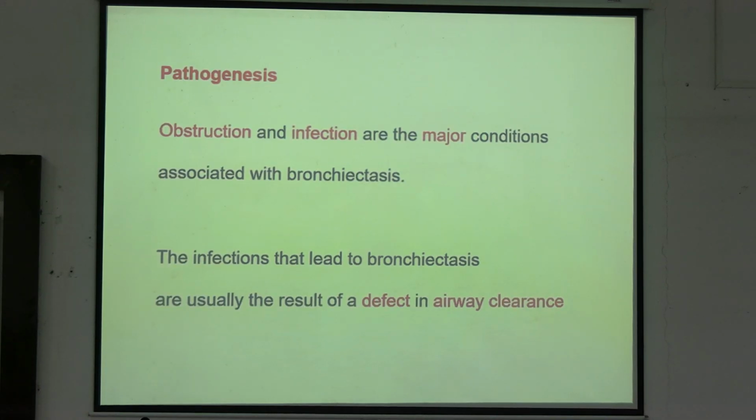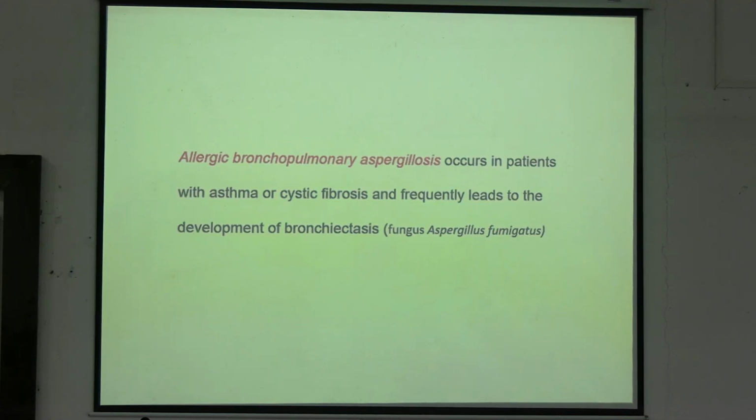What is the pathogenesis? The pathogenesis is obstruction and infection. These are the two major conditions of bronchiectasis, obstruction and infection. The infection is due to a defect in airway clearance. Then there is allergic bronchopulmonary aspergillosis.